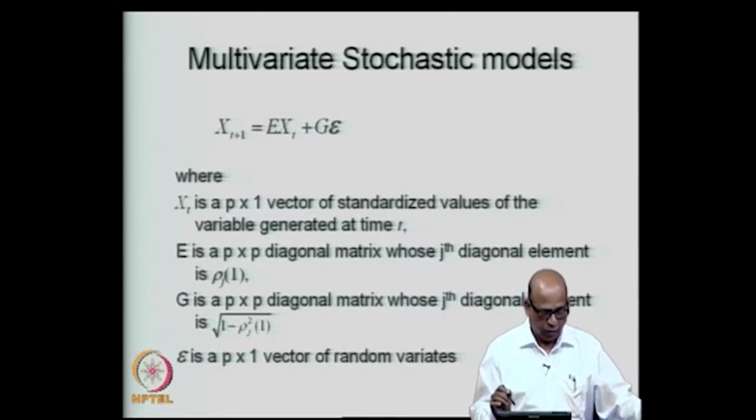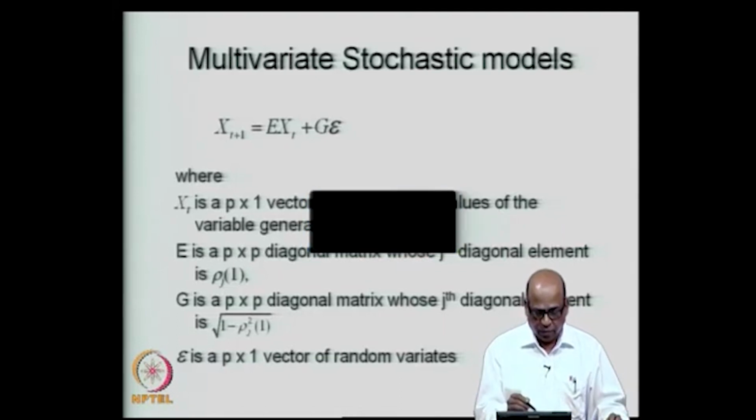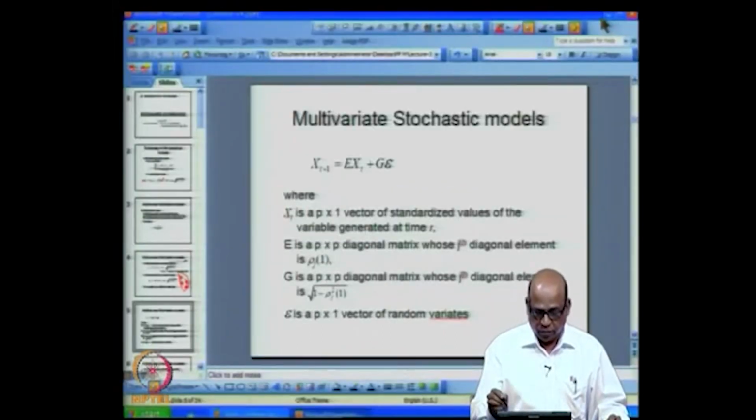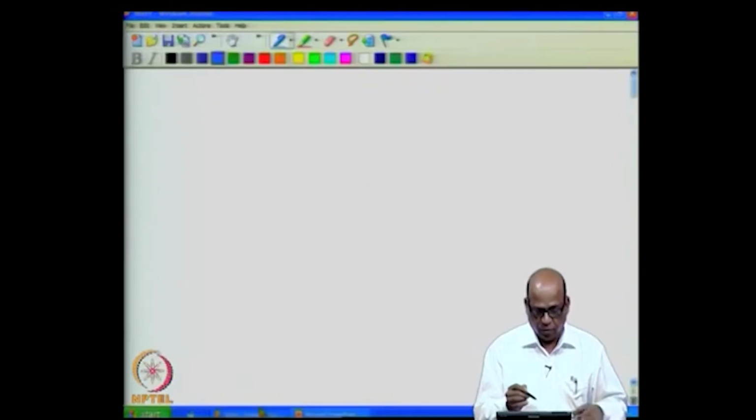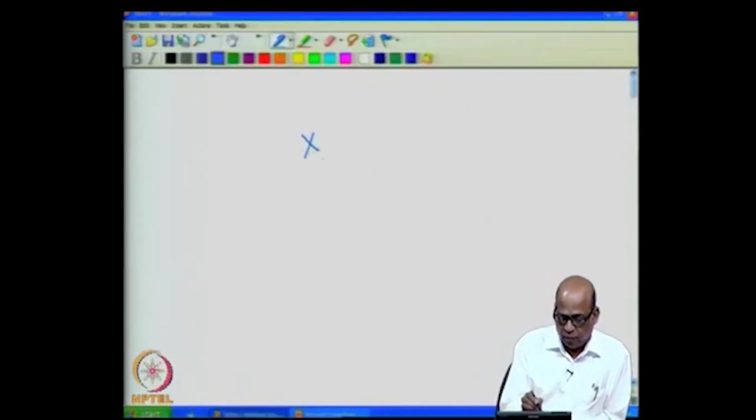Which means let us understand all these matrices correctly. So, we are writing this as x t. Now, x t is what we are considering at time period t and at each of the sites. So, this is x 1, x 2, x 3 etcetera x p.